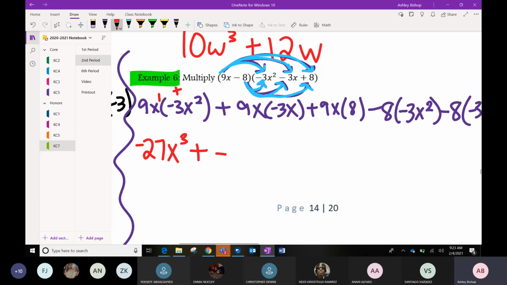Well, that's -27 again. So I'm going to erase this plus sign. I wrote the plus sign because I saw it, but I know that I'm going to have a -27. So I'm going to erase that plus sign and keep it -27 again. 9 times -3 is -27. And then again, you know this, x times x is x squared. If you don't notice that, write in their exponents. Add the exponents always.